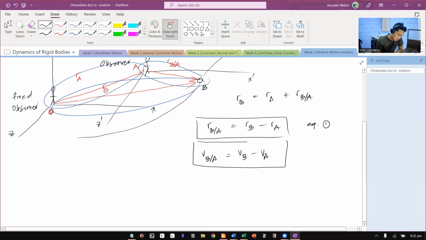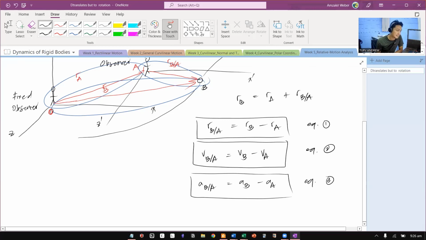The relative velocity of B with respect to A is equal to VB minus VA. And lastly, the acceleration of B with respect to A is equal to the acceleration of B minus the acceleration of A. Equation 3. Okay, so that's it.